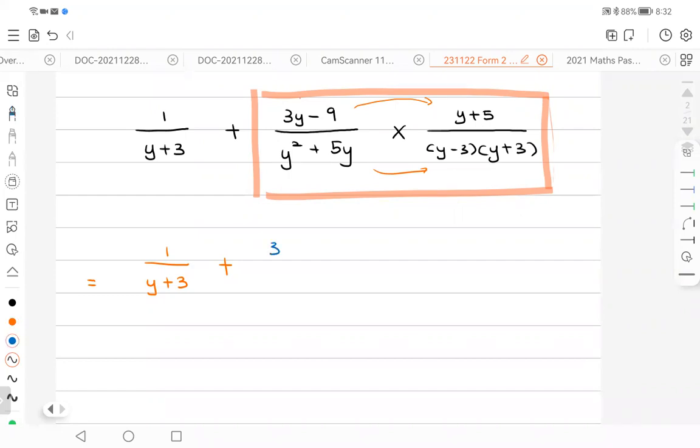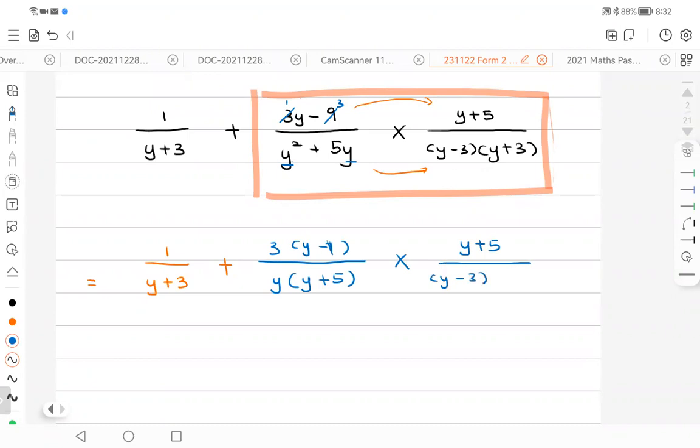Divided by 3 is 1, then this one is 3. So y minus 3 over y squared plus 5y. Common factor is y. Take out the y, bracket, balance is y plus 5. Continue, times y plus 5 over y minus 3.